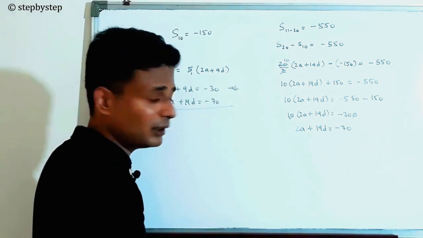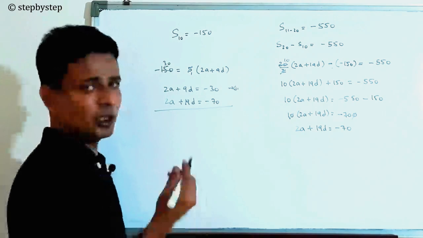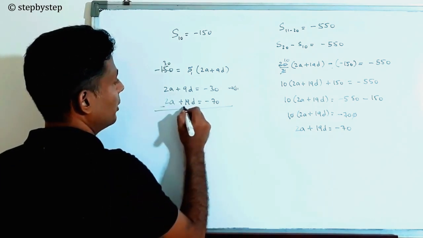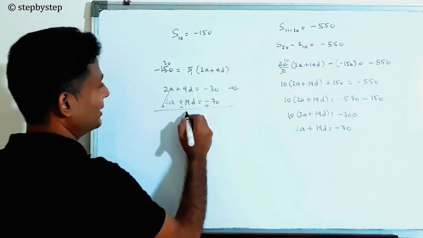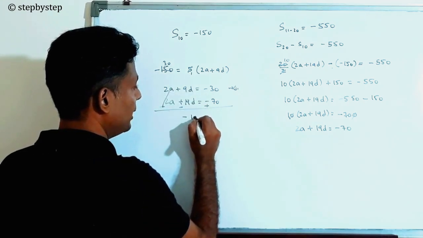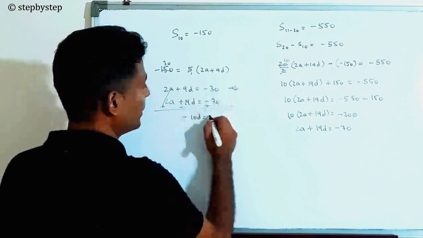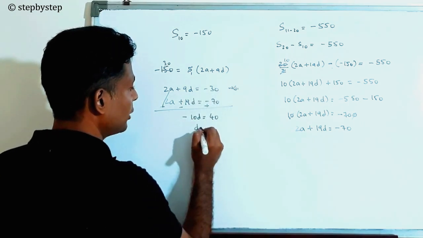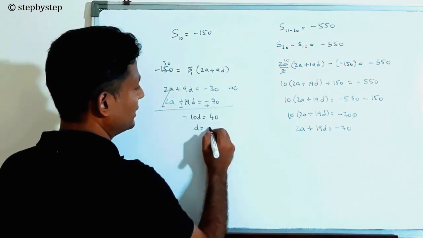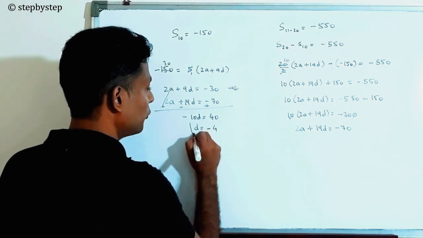Now using elimination method, a values are same, so I can directly subtract and eliminate a. So here it will be 9 minus 19, minus 10d, equal to minus 30 plus 70, 40. So d is equal to 40 by minus 10, that is minus 4.